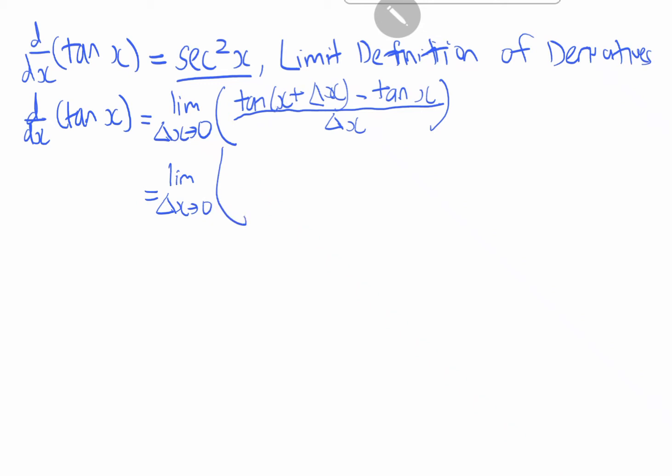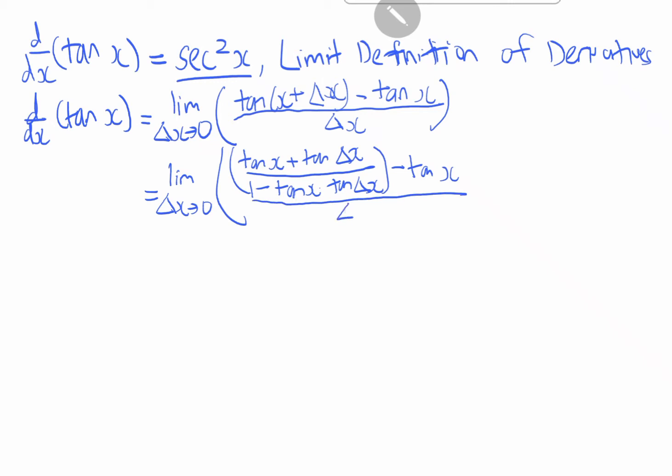Tangent x plus delta x can be written as tangent x plus tangent delta x over 1 minus tangent x times tangent delta x. So this one will be minus tangent x. So this one we have already expanded to this, minus tangent x over delta x. So let's make this whole thing into one fraction.